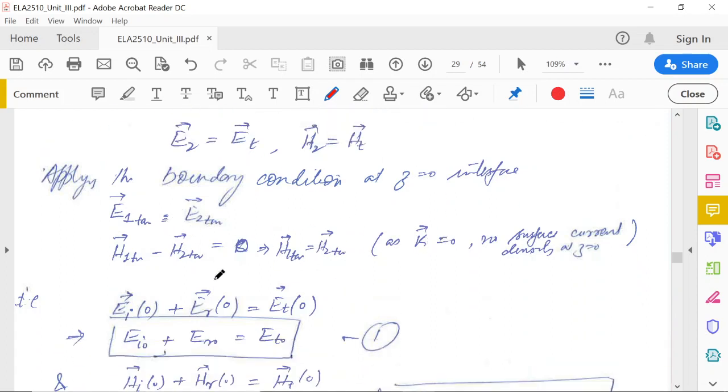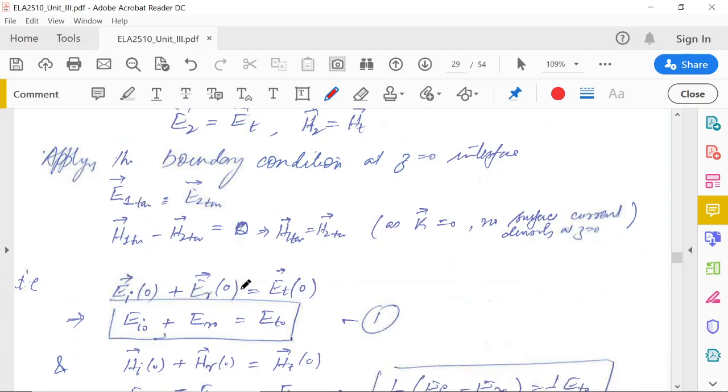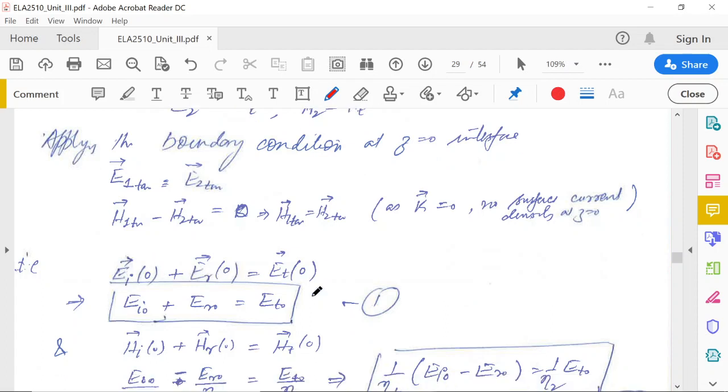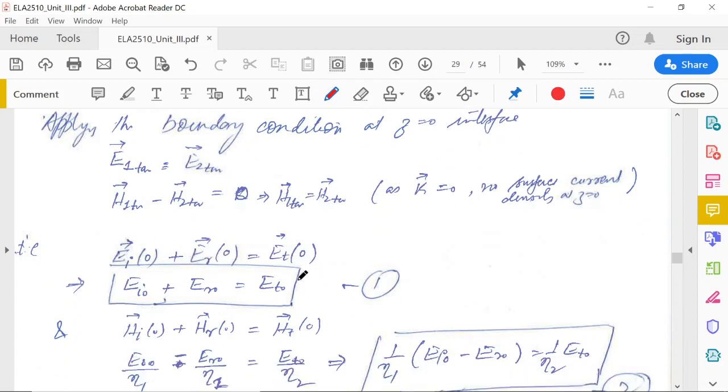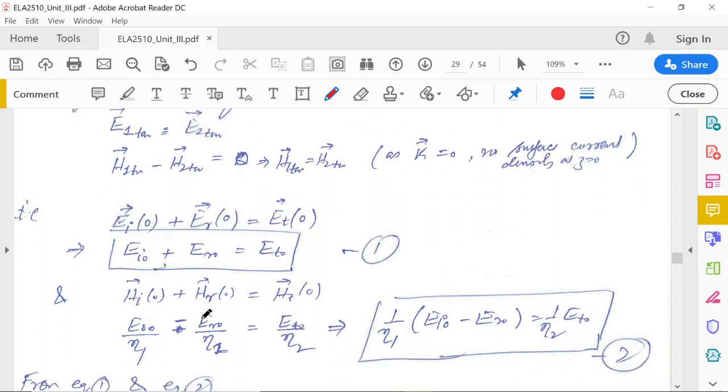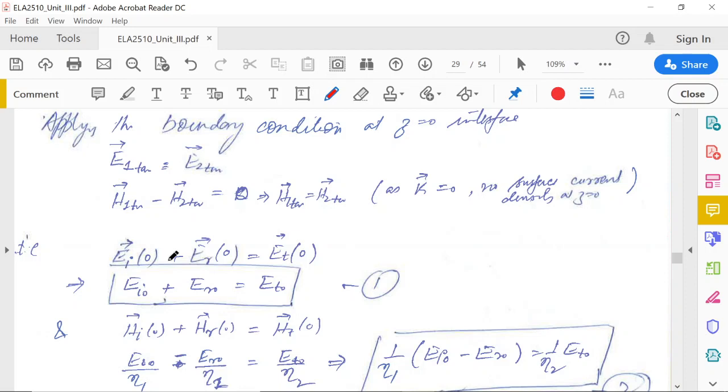When you apply this, E1T is just E1 at z equals 0, which is EI0 plus ER0, equal to ET. So you have one equation here. You can equate E1 and E2, and you will get this one.